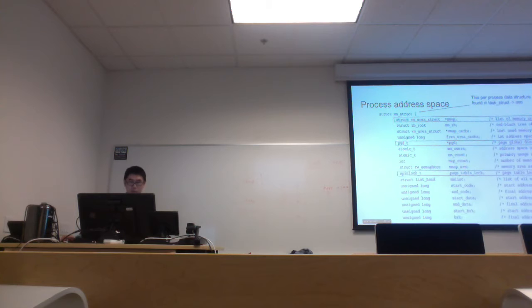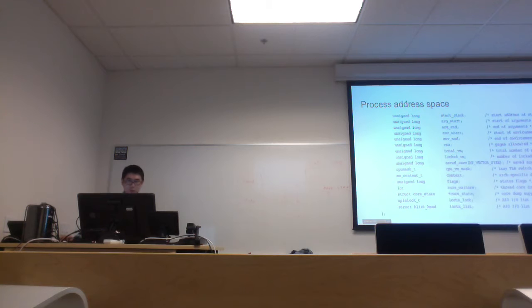And also, when you are traversing the page table entries, you don't want others to interrupt you. Here's a spin lock that protects the page tables of one process address space.